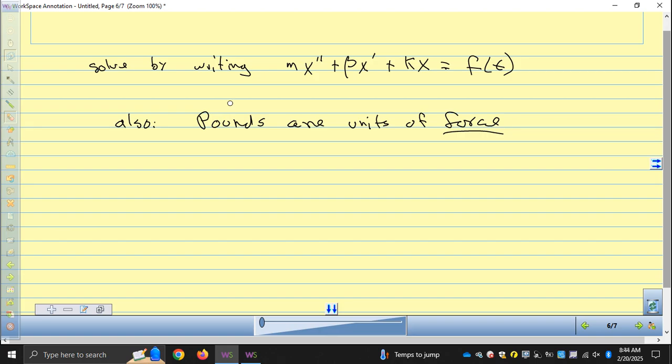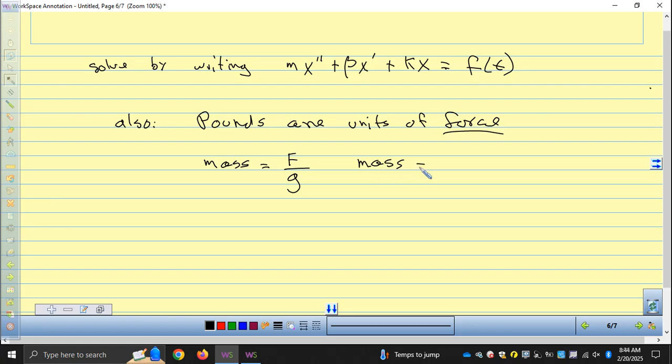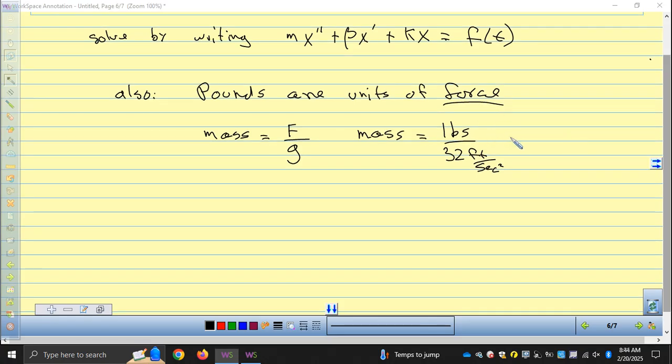That's in part because of how imperial units work. Our mass is going to be our force divided by the acceleration of gravity by Newton's second law. In this case, our mass is going to be our weight in pounds divided by 32 feet per second squared, which is the acceleration due to gravity in imperial units. And the units for mass in the imperial system are slugs.